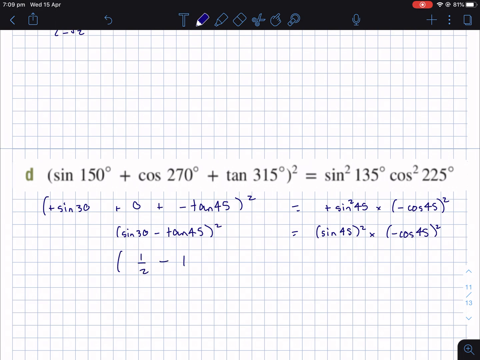Take tan 45 was 1. Sine 45, 1 on root 2. Cos 45, 1 on root 2. Okay, 1 on 2, a half take 1 gives me negative 1/2. And then this is, if we square it, top squared, bottom squared, 1 on 2 times 1 on 2. So yeah, this gives me a quarter and this gives me a quarter.